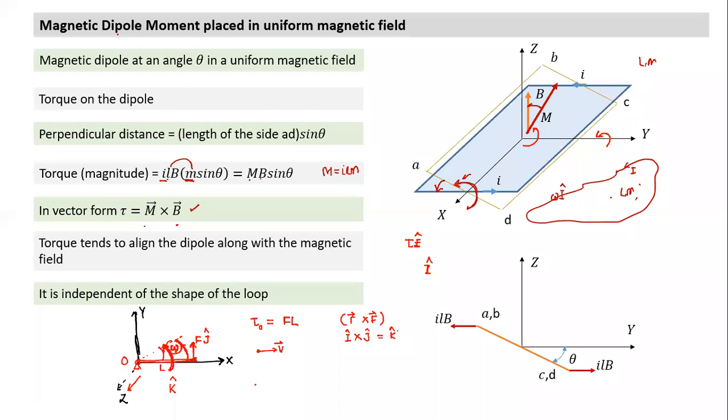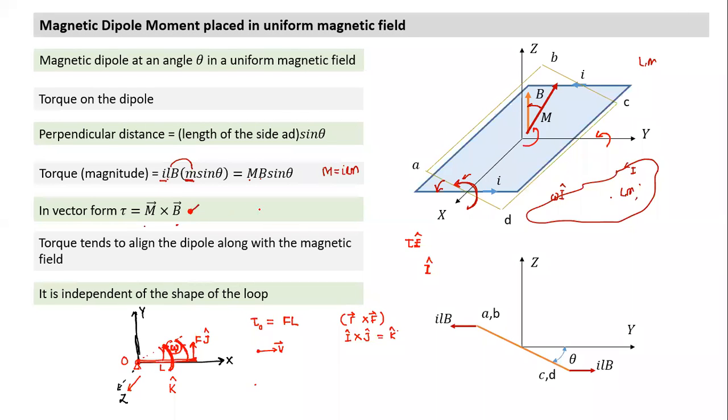Torque on a magnetic dipole placed in a uniform magnetic field. Some of you are asking, Akash, what is the significance of the magnetic dipole? This is the significance. We understand one more reason why it is called a dipole, though it doesn't have a positive pole and negative pole. It is called a dipole because it behaves in an almost identical, parallel fashion to an electric dipole.